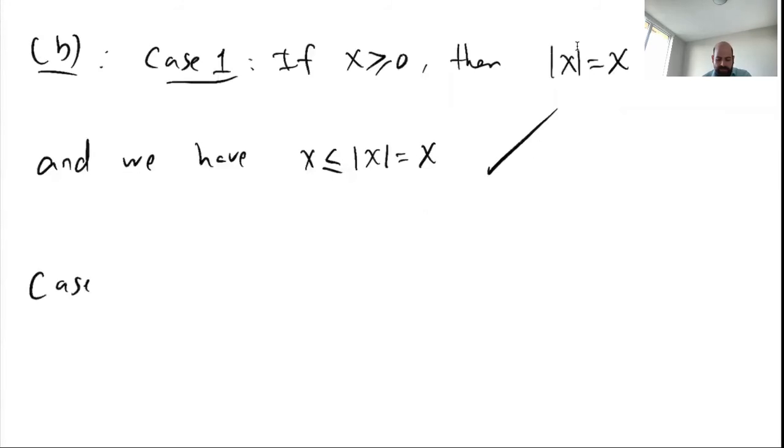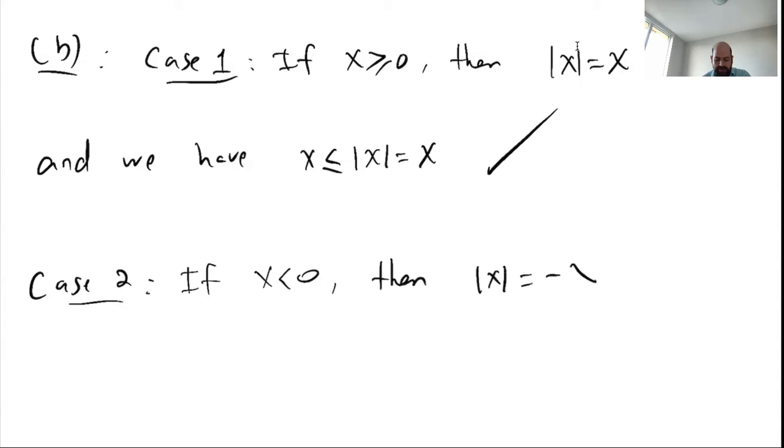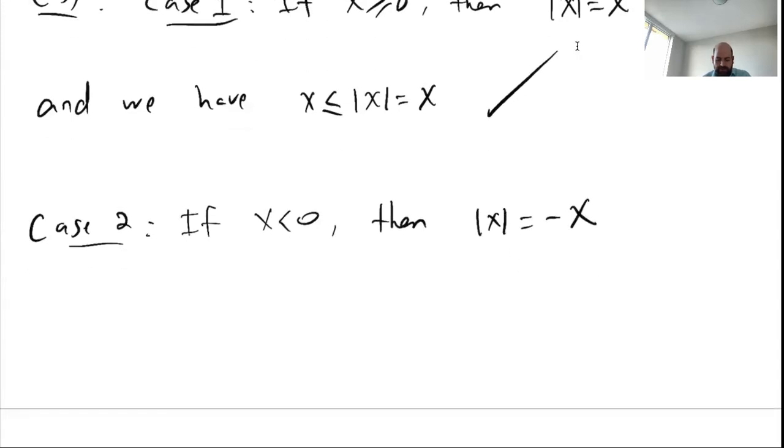And case two, if x is negative, then absolute value x is equal to minus x. And we have x less than or equal to absolute value x, which is equal to minus x. Why is that?